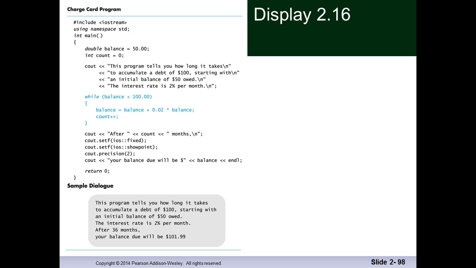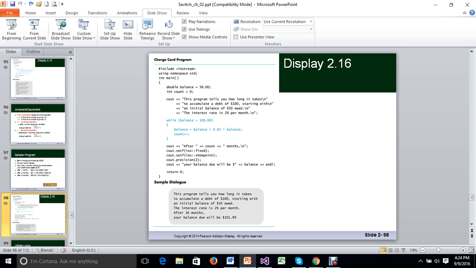And then you have the count++. The count is counting. What do you think it's counting? As you can see in the first cout, it says your balance due will be, then the $, then the balance, after count months.